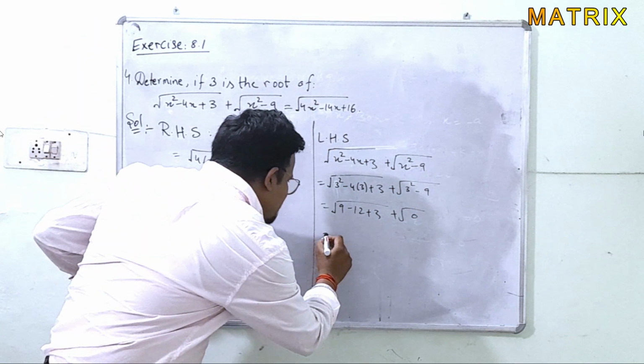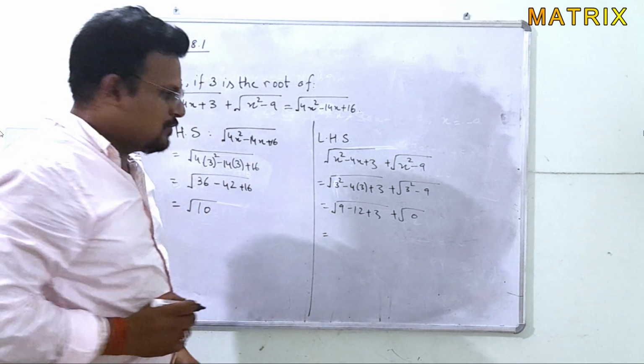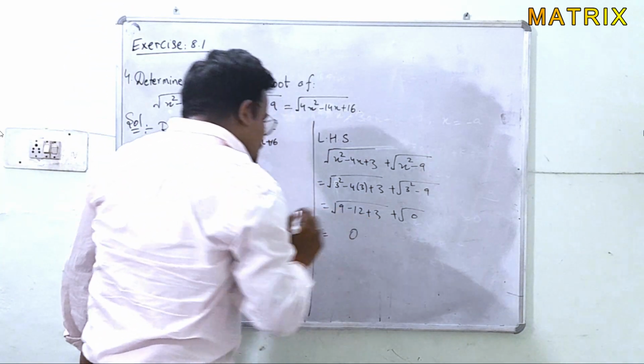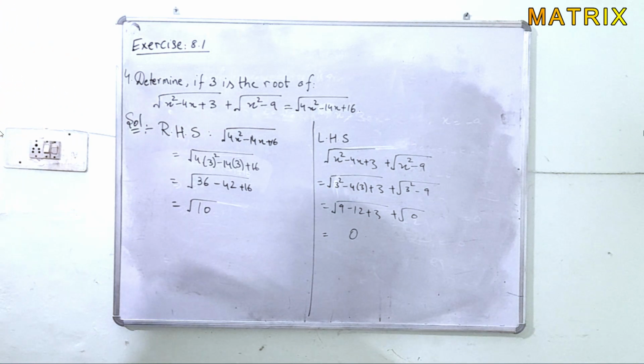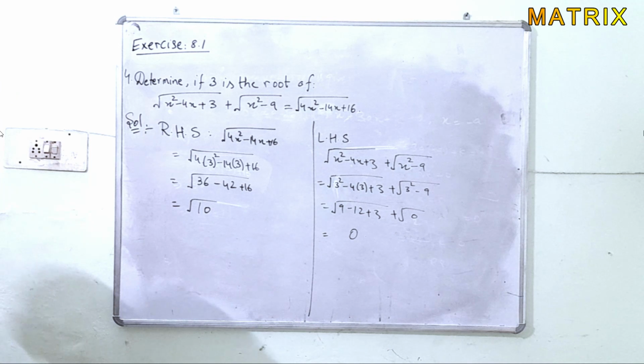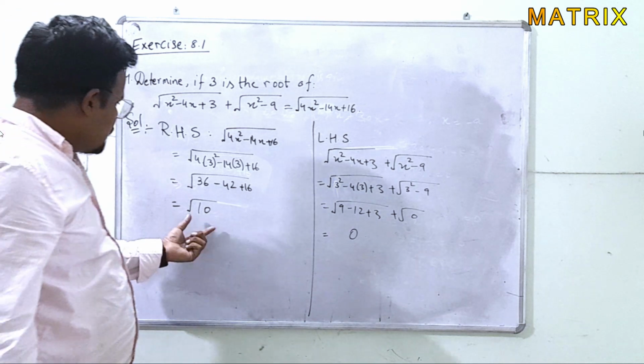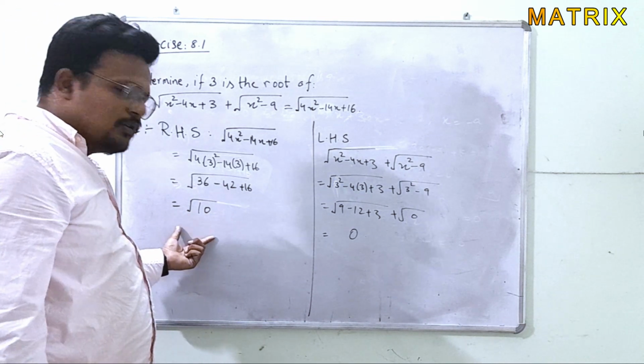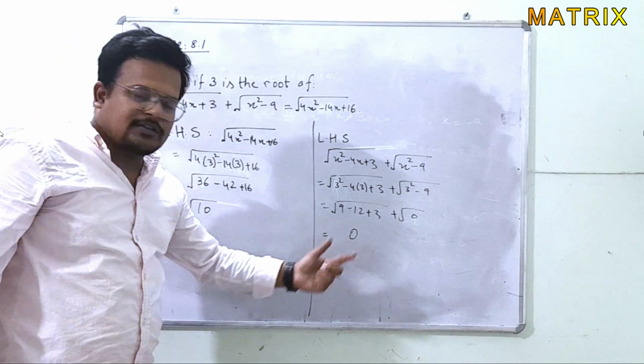Clear? Alright. I think there is an issue in this. So this is the right hand side, that is equal to root of 10, and this is equal to 0.